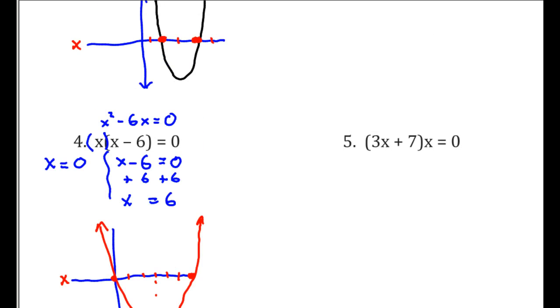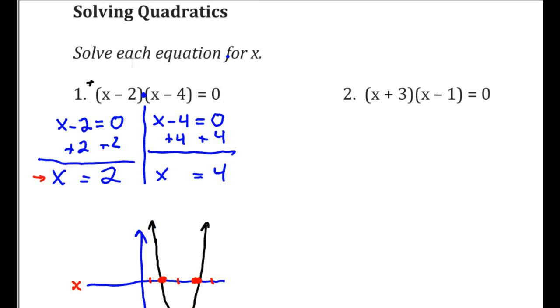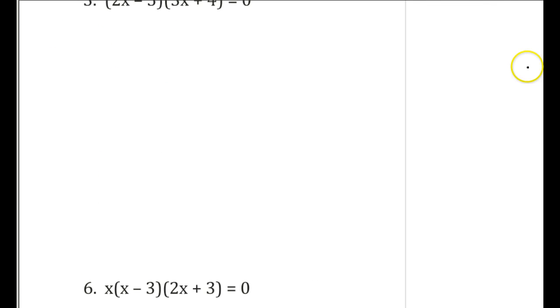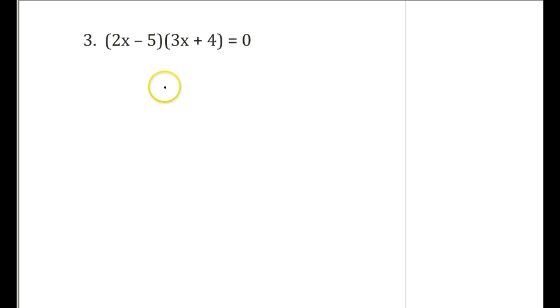Okay. On number 3, let's go over to here real fast. They're not always going to be these nice numbers. Once you start seeing coefficients on the x and you start solving these, you'll notice you start getting decimals, which are okay.